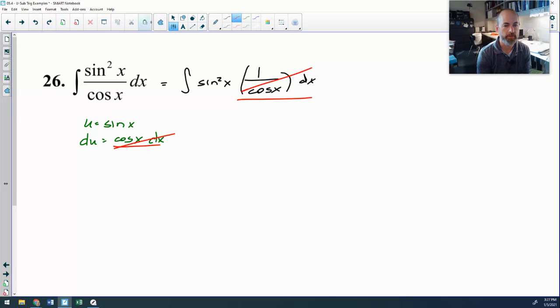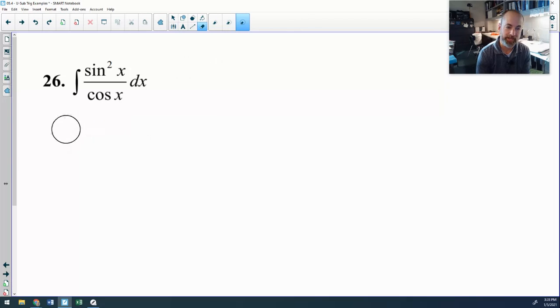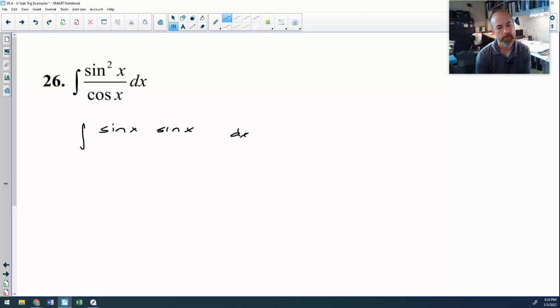You could also think, well, I do know that the derivative of cosine is negative sine, and we could kind of do that. I could separate sine squared into sine times sine dx over cosine x. I could try this. If u was cosine x, the derivative of that would be negative sine x dx.